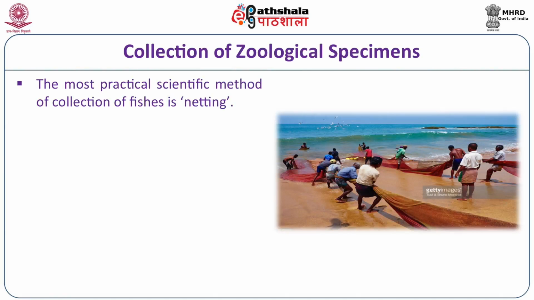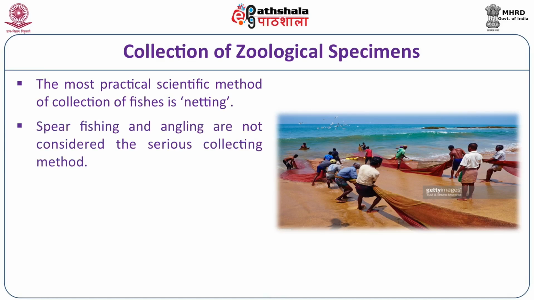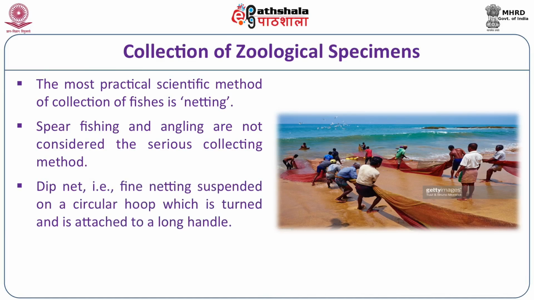The most practical scientific method of collection of fish is netting. Spear fishing and angling are not considered serious collecting methods. A dip net, that is, fine netting suspended on a circular hook which is turned, is attached to a long handle and used.